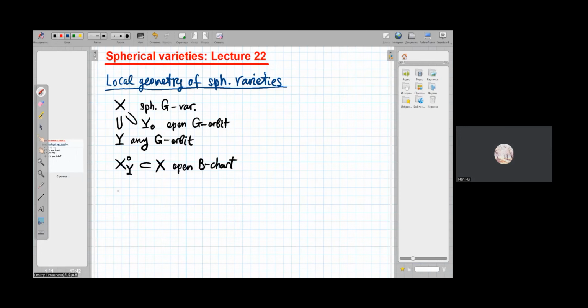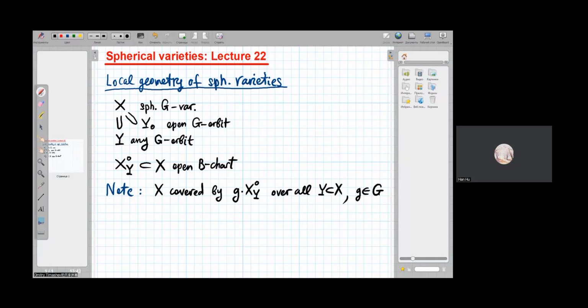By the way, note that X is covered by the shifts of B charts, applying shifts by elements g of G, over all G orbits Y in X. Because any G orbit intersects some B chart, and therefore the shifts of this B chart cover this orbit.